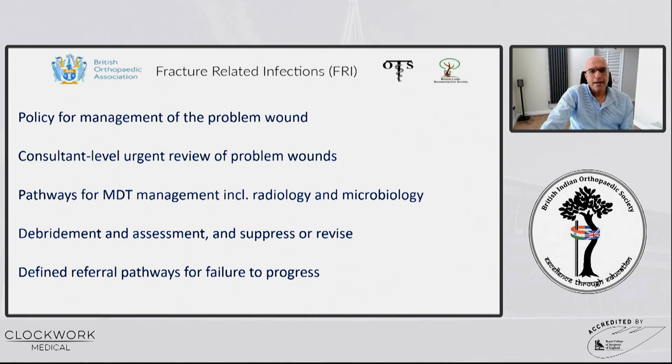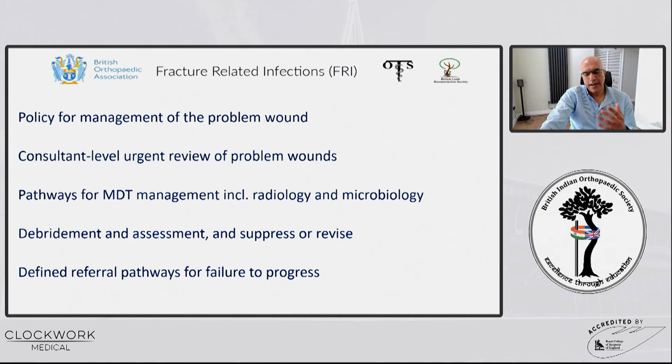So in summary, these are the BOA guidelines for the management of acute fracture-related issues. You should have a policy for the management of the problem. If there is a problem, you should ideally have consultant level review of the patient within 24 to 48 hours. You should at least have facilities for an urgent ultrasound for these patients to check whether your infection is deep or whether it's superficial.